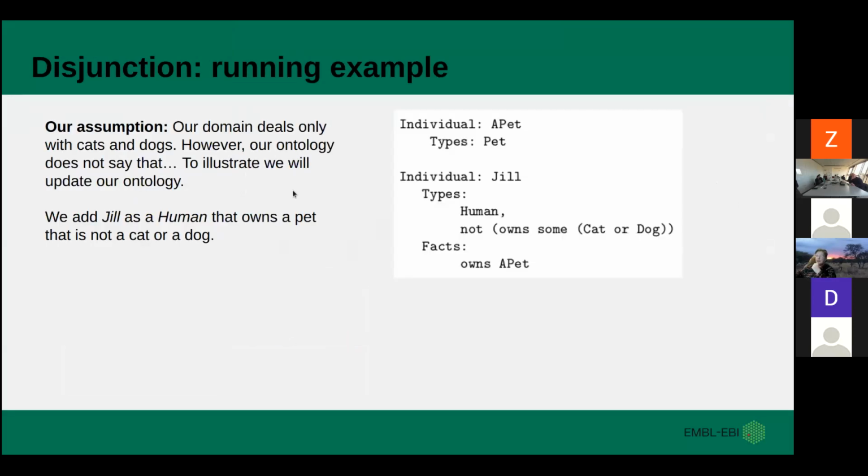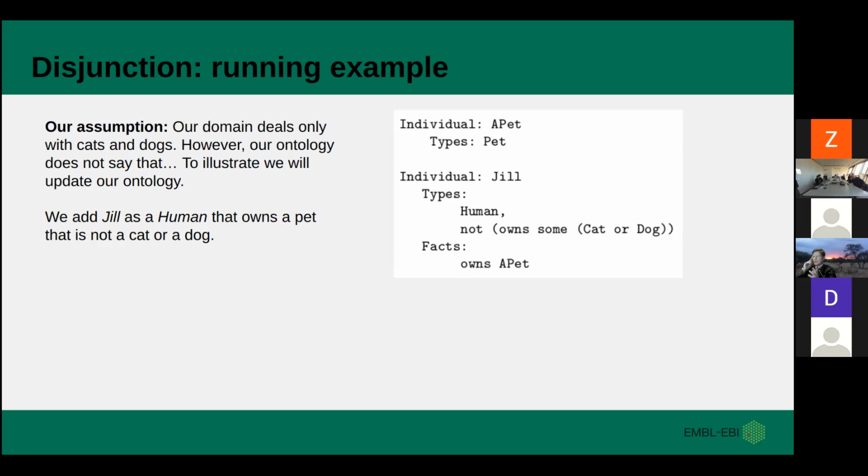Okay, so for the next example, I'm adding some additional individuals. I want to add an individual that we just know is a pet. We add an individual called Jill, which we'll say is a human. Then we will say that she only owns cats or dogs, and then we'll say she owns a pet.